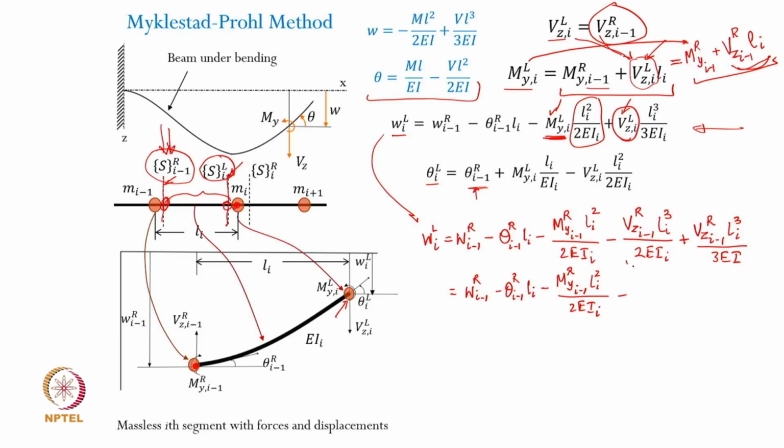In that I need to club these two, and you can show that this turns out to be V_{z,i-1}^R L_i cubed upon 6EI.